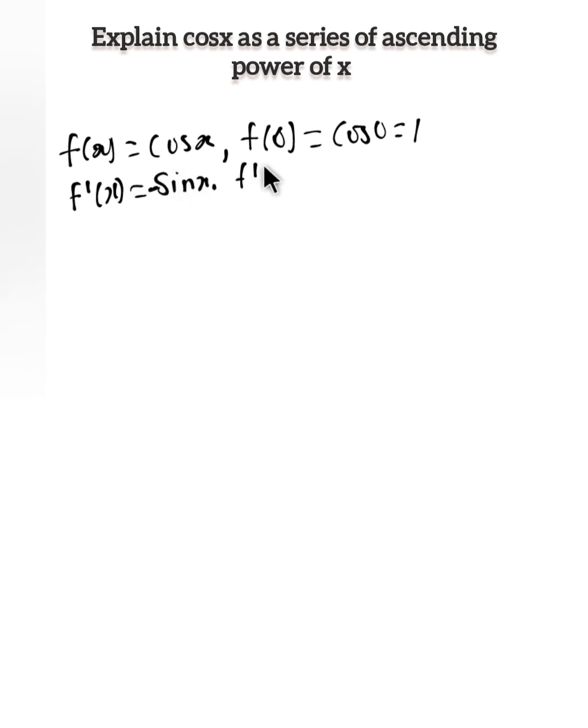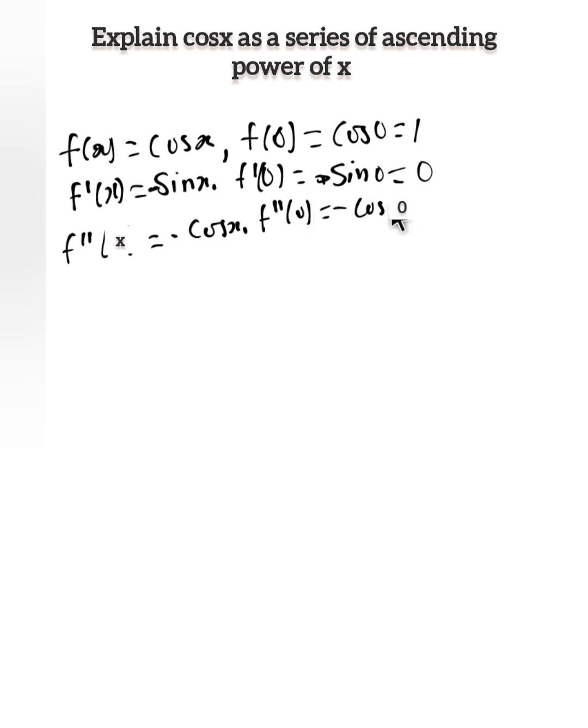So f prime of 0 is equal to minus sine 0 equals 0. So f double prime of x is equal to, the minus sign should come down, differentiate sine x is cos x, hence f double prime of 0 is equal to minus cos 0 equals minus 1.